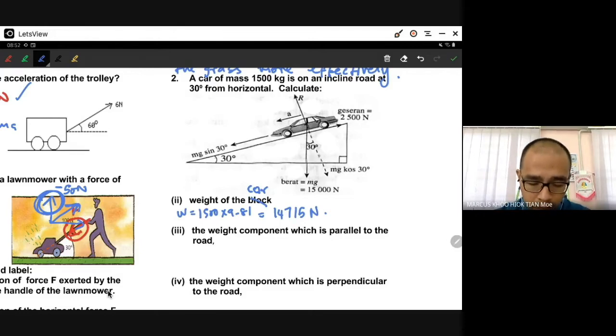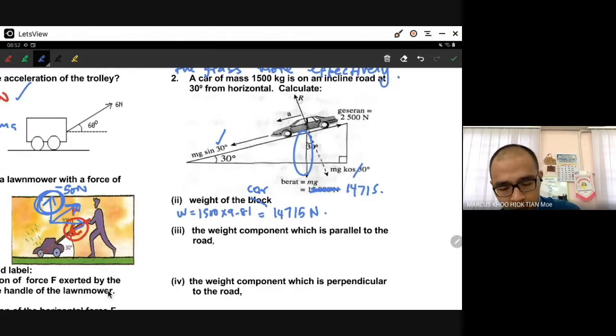So this is 14715. We know that over here, the weight is the acting force, and when we resolve it, it will be sine 30 here and cos 30 here. The weight component which is parallel to the road: parallel to the road means do we want mg sine 30 or mg cos 30?